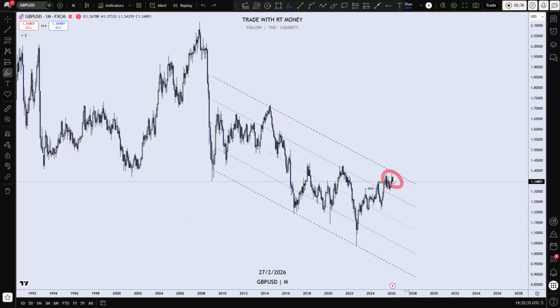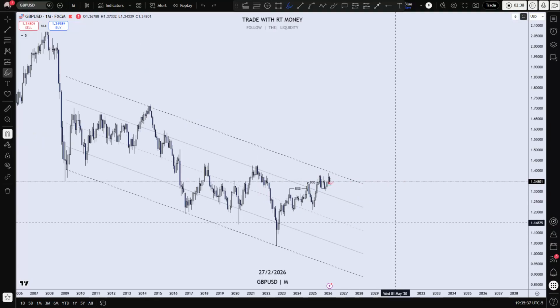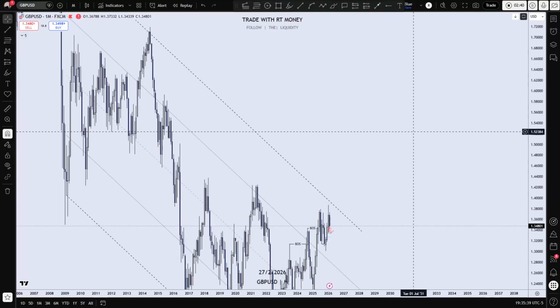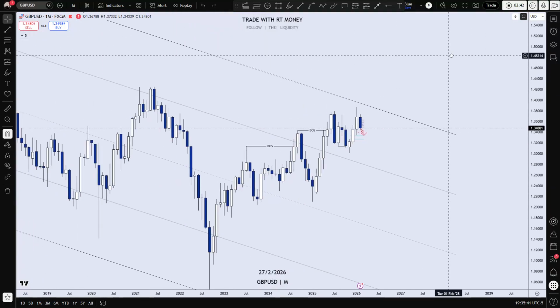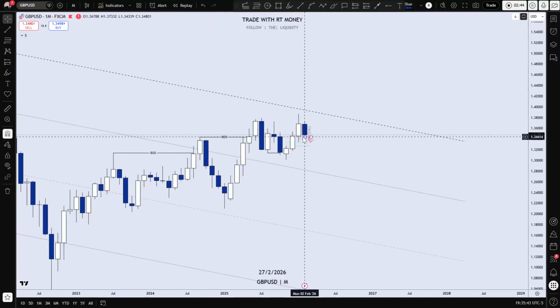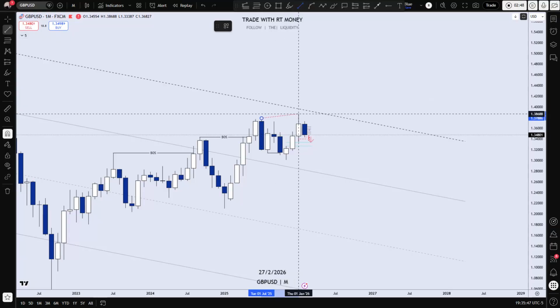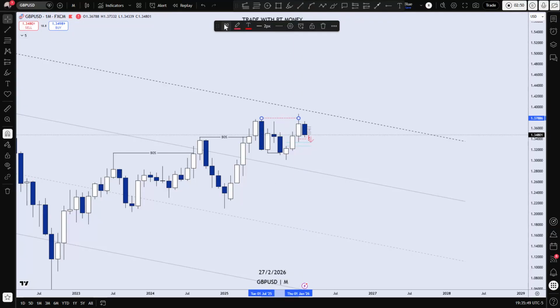All right. Now let's take a closer look at that area, and what do we see? We can see that there was a sweep of liquidity here to make the new high.